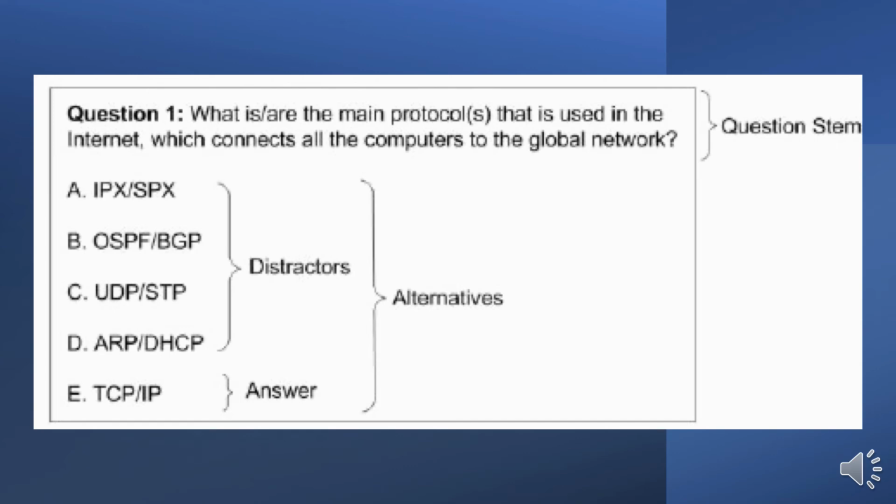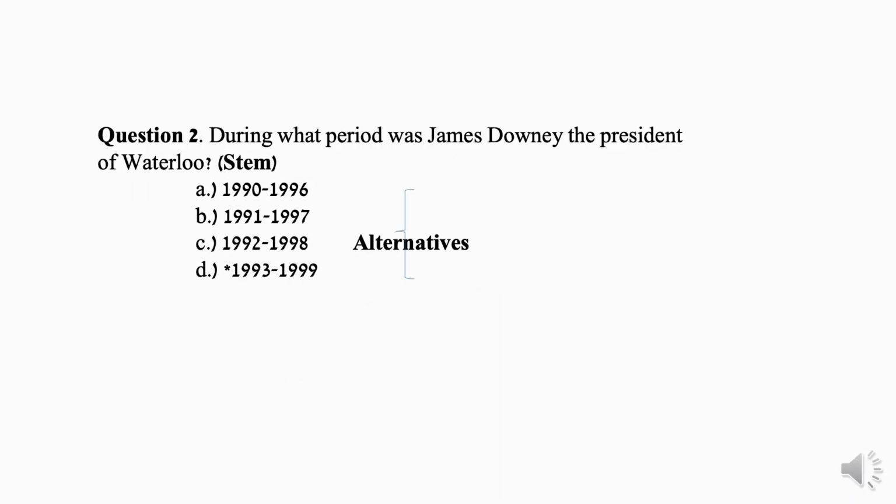And the next one, I will show the 4 options MCQ. And here we are. During what period was James Downing the president of Waterloo? That's the stem. And if you look at the years here, they are so close that you must have observed it in your reading to be able to pick out the correct answer.